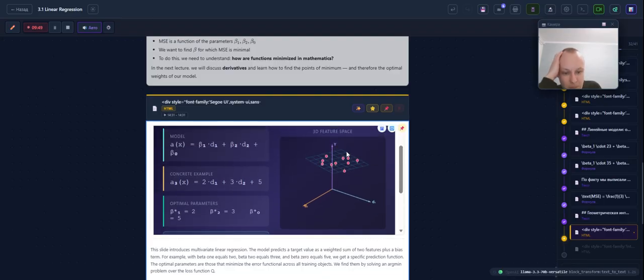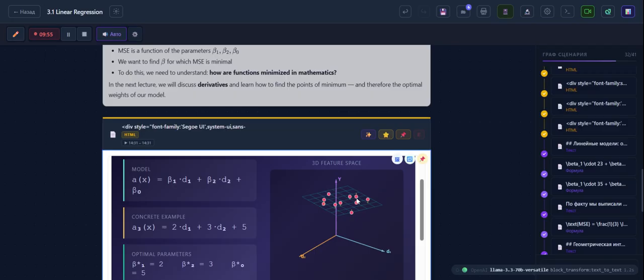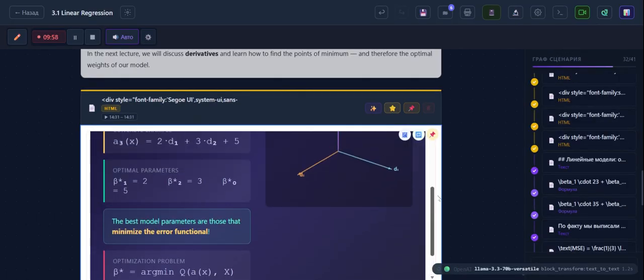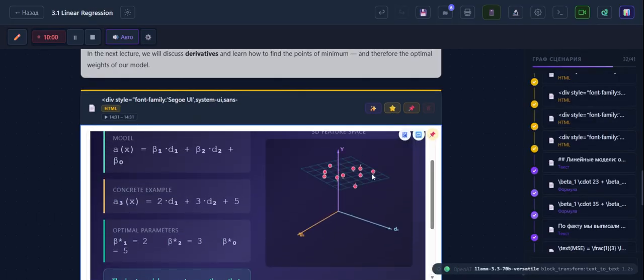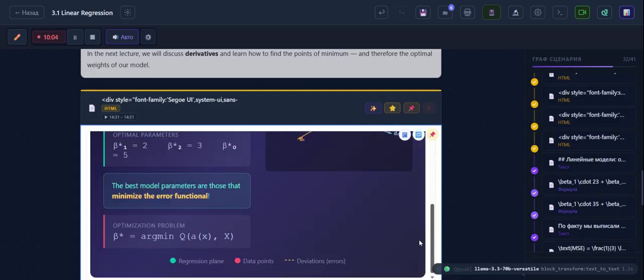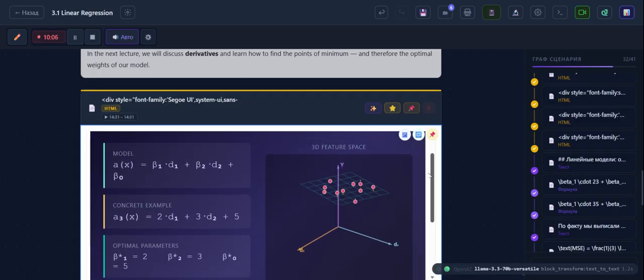And we can see that these points have yellow lines. These lines are deviations of how far our model is from our data set.